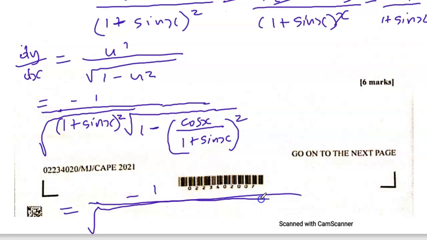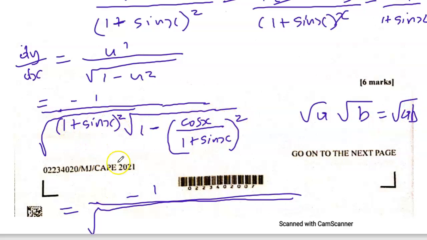So it's one root. Remember, root a times root b is root ab, right? So we can take one square root umbrella and take the product of what we have beneath the root there. So (1 plus sine x) all squared times 1, that's (1 plus sine x) all squared, and (1 plus sine x) squared times that. 1 plus sine x cancel. So we're left with just minus cos x all squared.